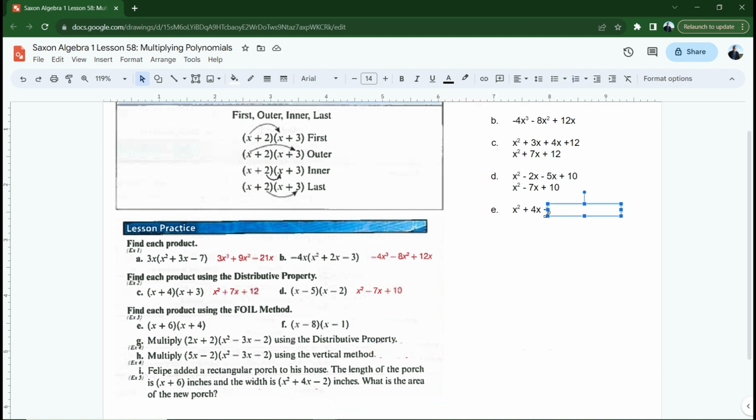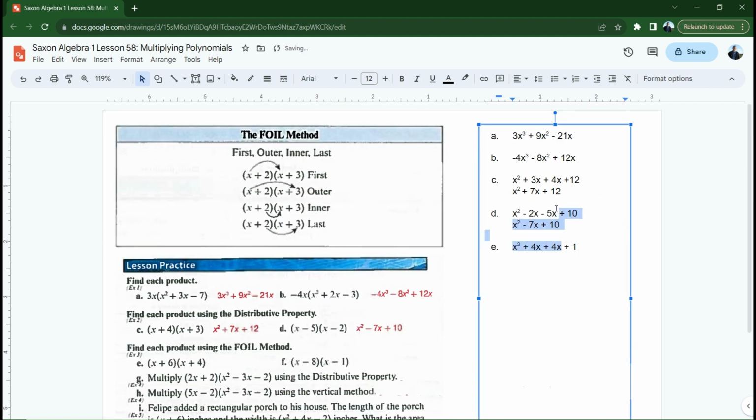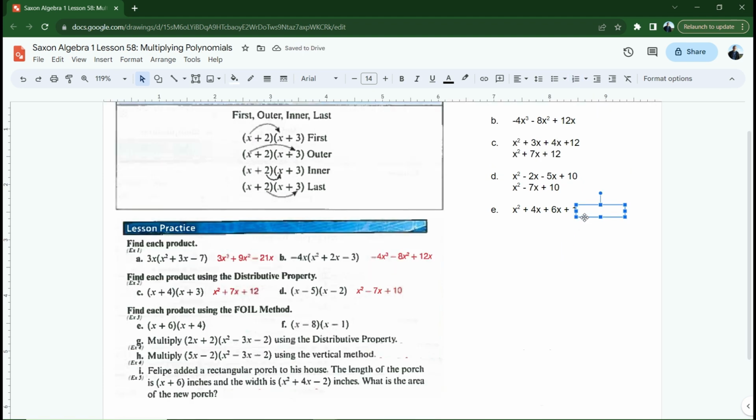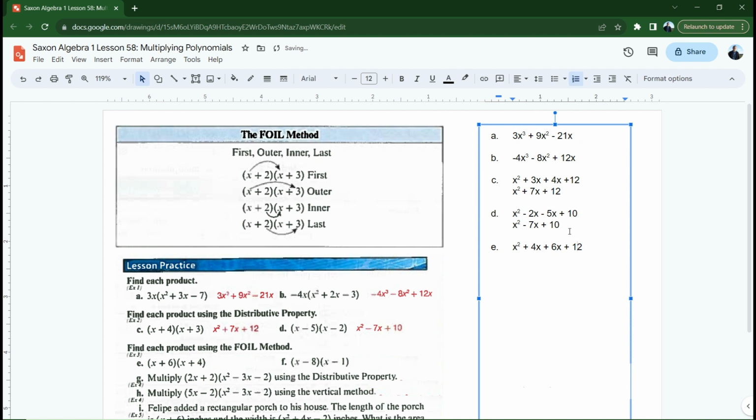So it's going to be plus 6x, and I probably got that one wrong too. Let's just double check. So it should be plus 6x. And then lastly is 6 times 4. So that's going to be plus 24. And let me just make that correction there.